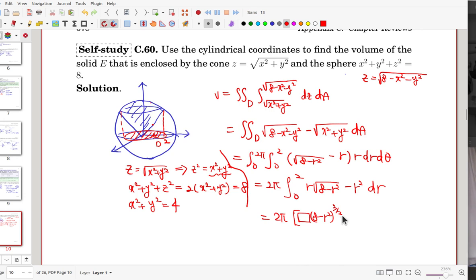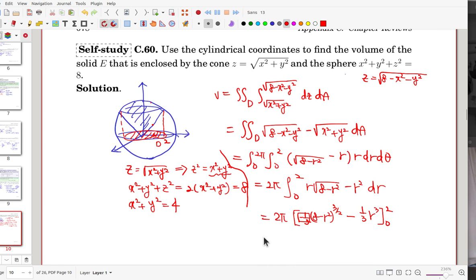When you take the derivative, the 3 over 2 comes out along with minus 2r, so minus 3 is extra. So we put here 1 over minus 3. That is the antiderivative. From the second term, 1/3 r cubed, evaluated from 0 to 2.